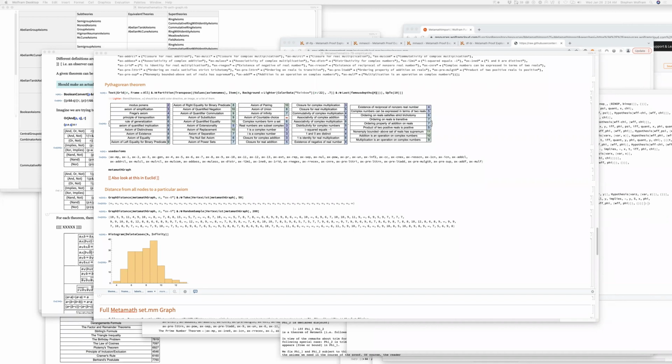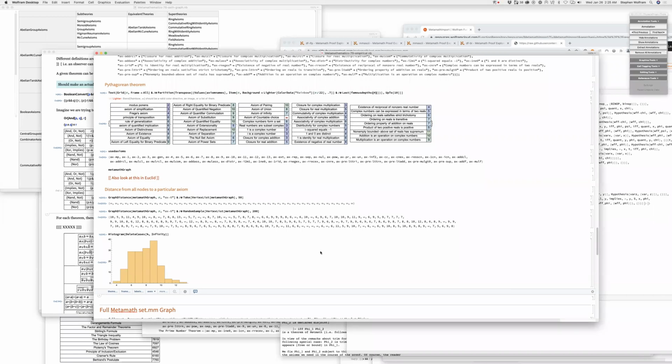Besides the obvious, that it says something about the relationship between the axioms and the theorems and how long it takes to reach the axiom. But I don't know what the meaning is of what it measures.